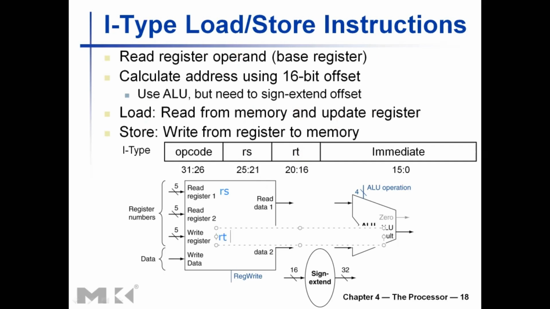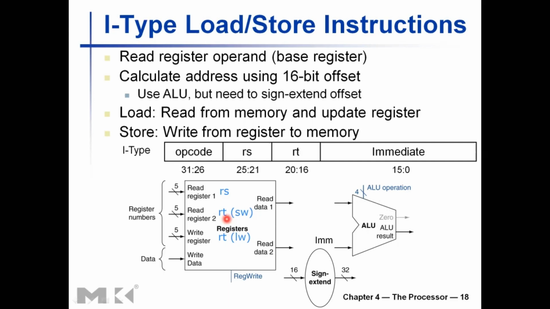For a store word instruction, RT is not the destination register, but the source register that you read from and write into the memory. So note the two different cases.